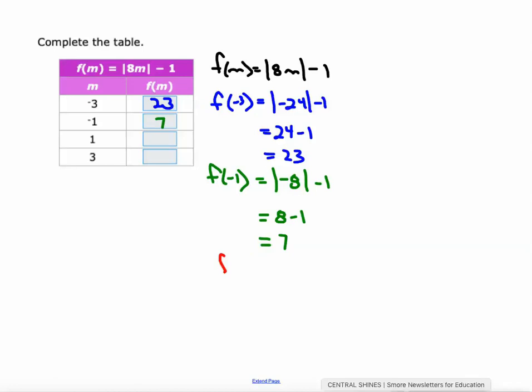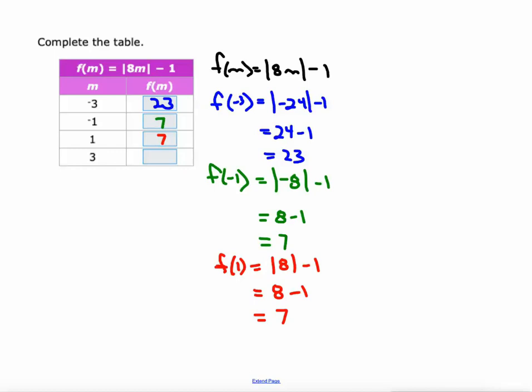What about f of positive 1? Does this change this time? So f of positive 1, that would be the absolute value of 8 times 1, which would be the absolute value of 8 minus 1. The absolute value of 8 is 8, and 8 minus 1 is 7.